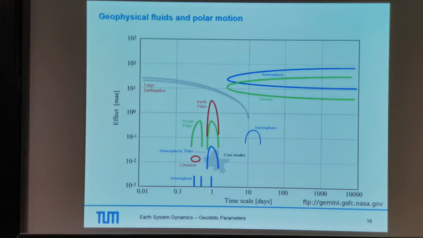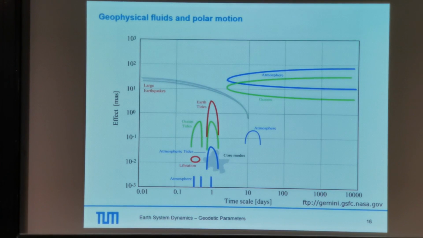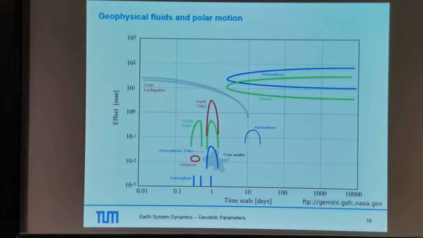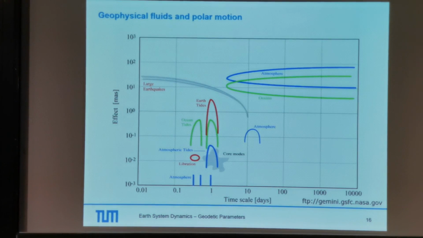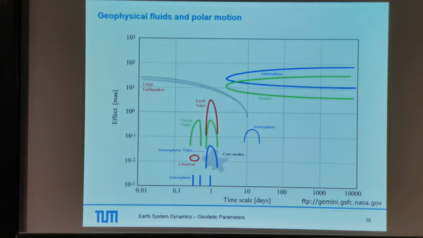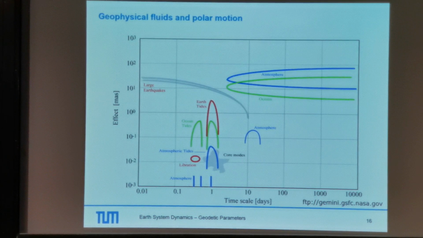Exactly. The measurement accuracy is much higher than the model accuracy. We have a measurement accuracy of 0.1 milliarcseconds, but the discrepancy between model and observations is around 20 to 30 milliarcseconds, so three orders of magnitude worse than what we can do with the observations.